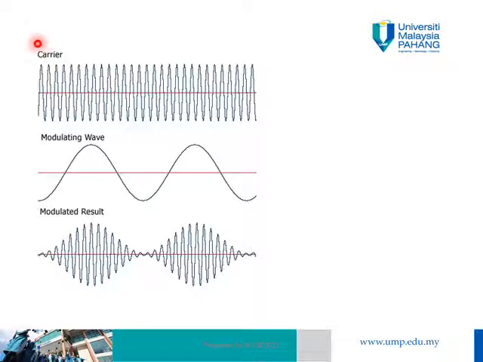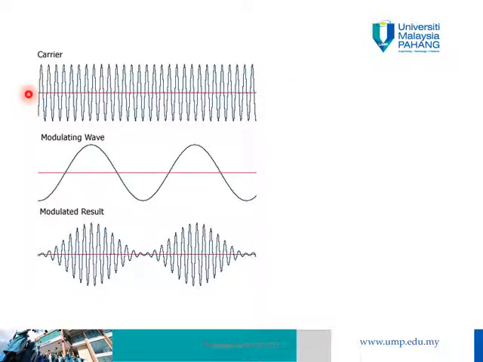So this is the sine wave signal of carrier signal, modulating signal or modulating wave, and this is the modulated signal. So we can see here there is a little bit of difference in terms of the signal. This is the carrier signal.